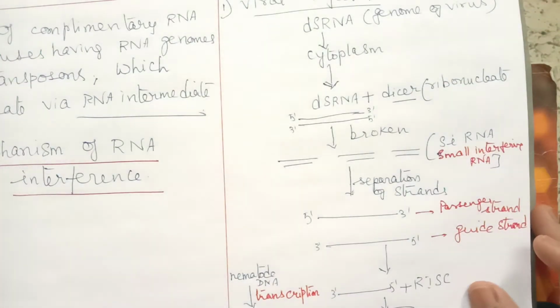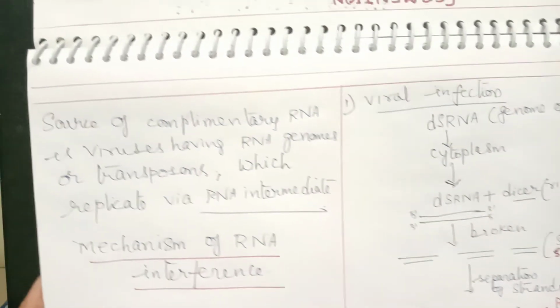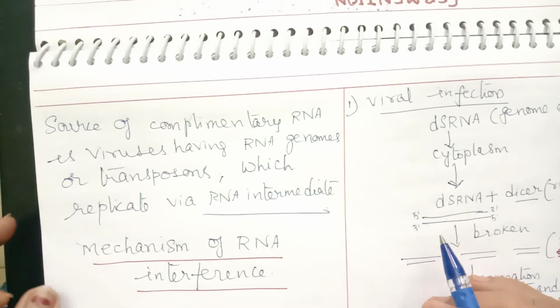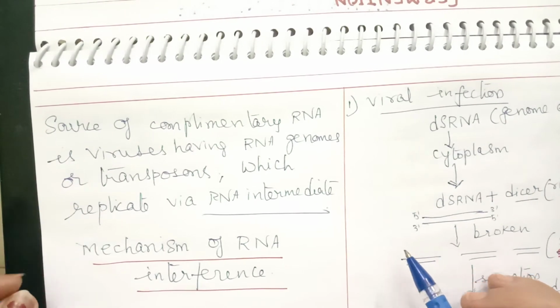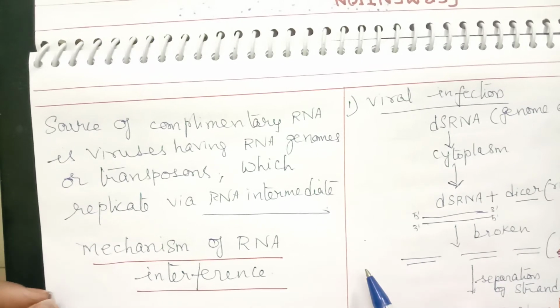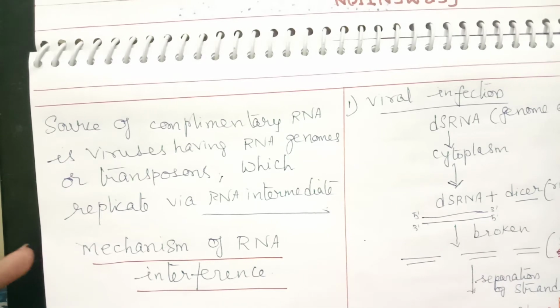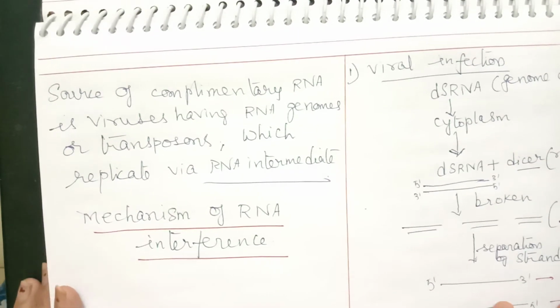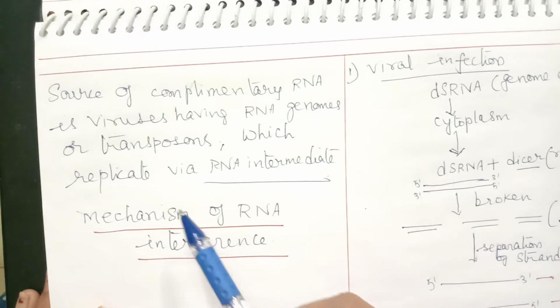Now let us see what exactly the technique is and what the source of this complementary RNA is. A complementary RNA must be present in order to make the target mRNA non-functional. What is the target mRNA? The mRNA produced by the nematode, that we are calling the target mRNA. Now, what should be the source of this complementary RNA used for RNA interference?